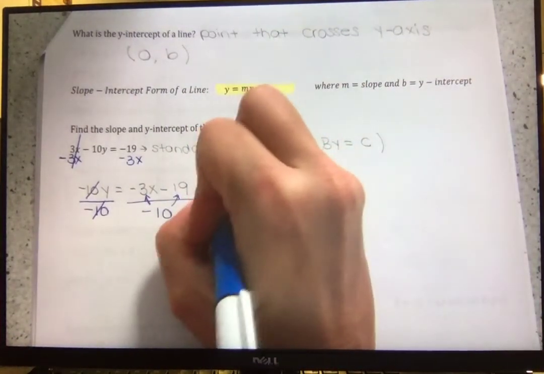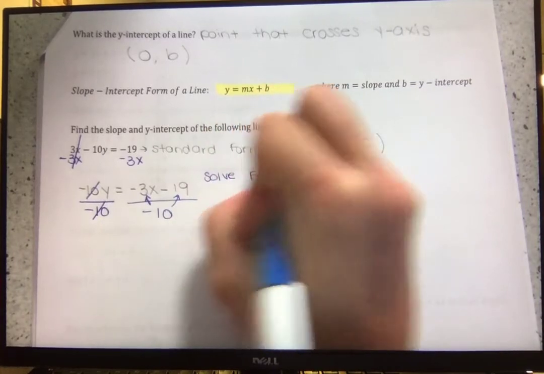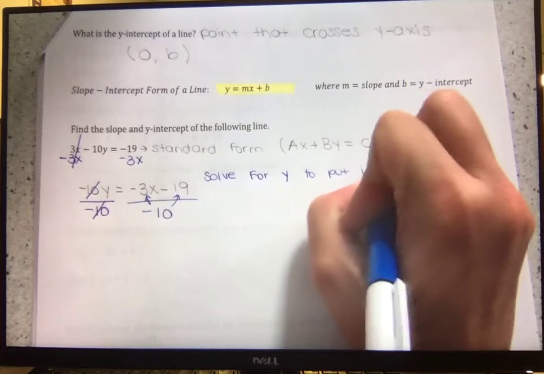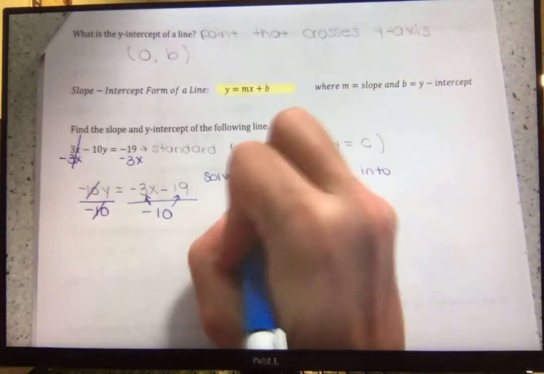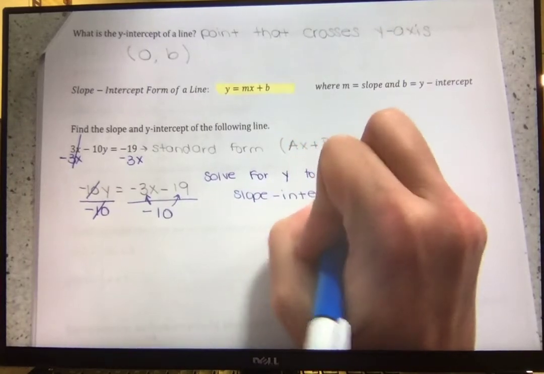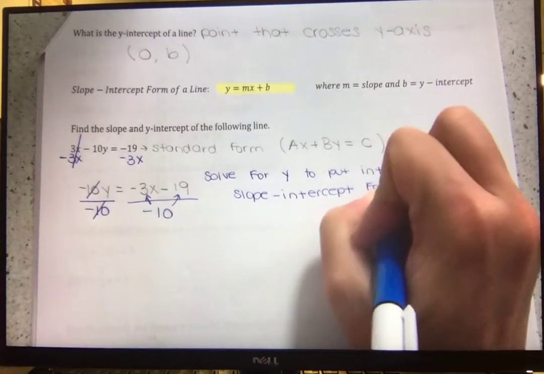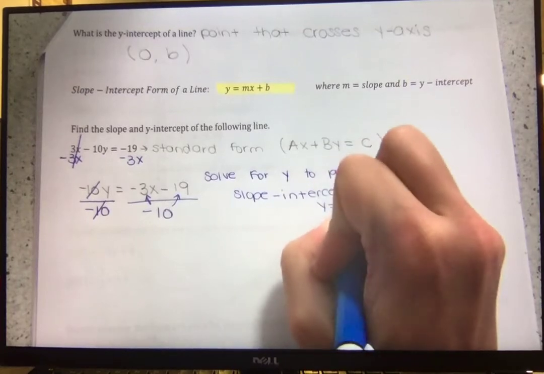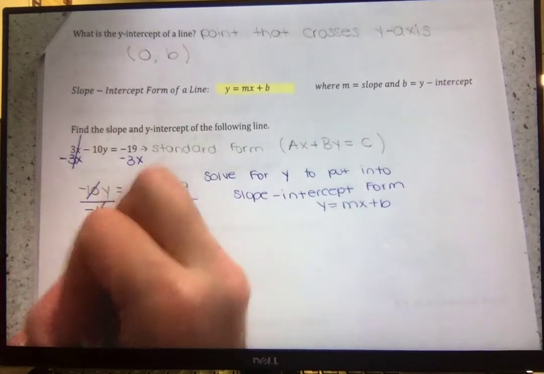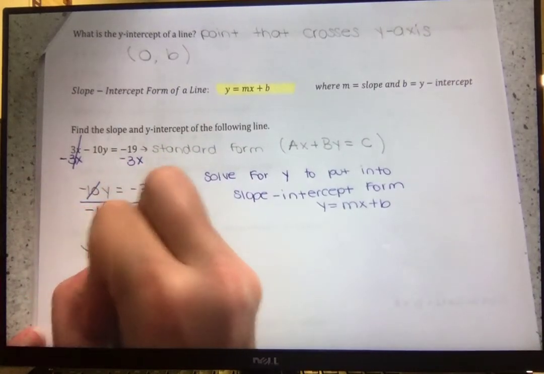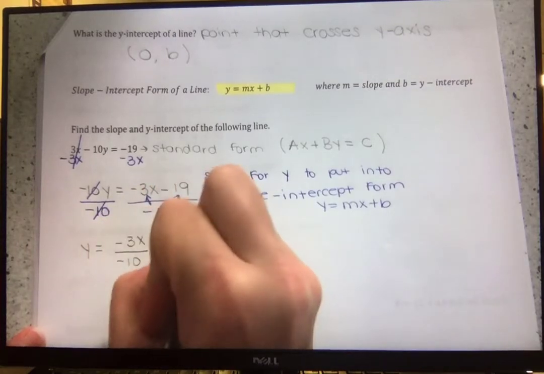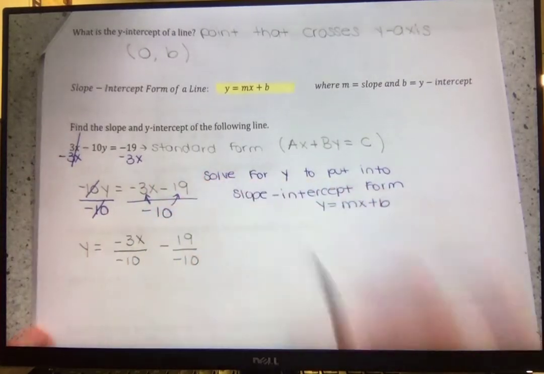By the way, we are going to solve for y to put into slope-intercept form, which is y equals mx plus b. So that'll leave us with y equals negative 3x divided by negative 10, and negative 19 divided by negative 10.